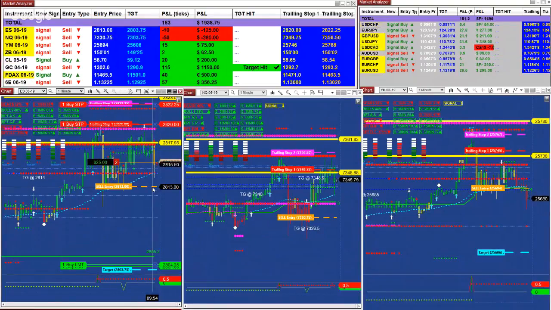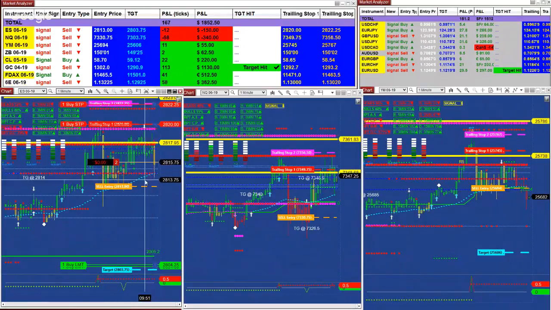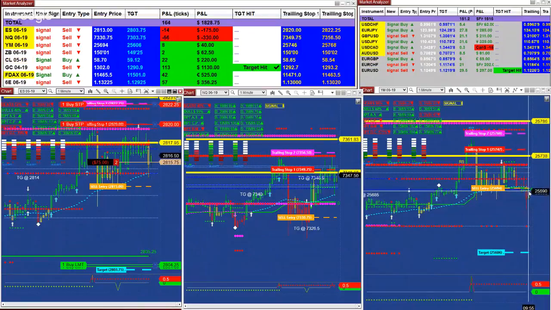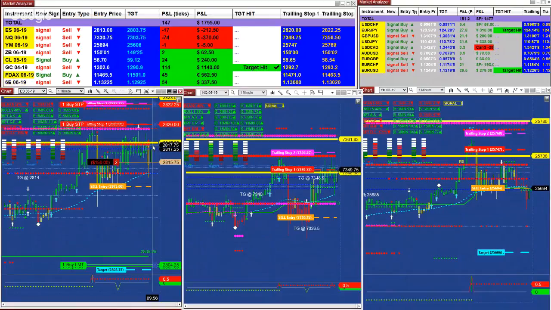It is a problem as expected on the ES, you see. That's what I was scared of. The market came exactly to the 1450 and kicked back. This is what's causing the YM now to pull back because of the ES. The ES is going back to retest the 1775.